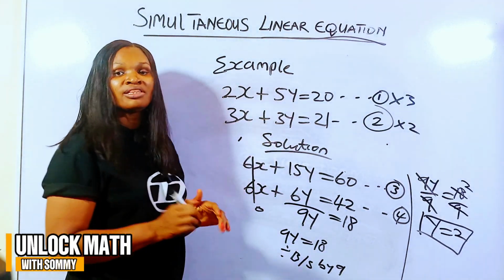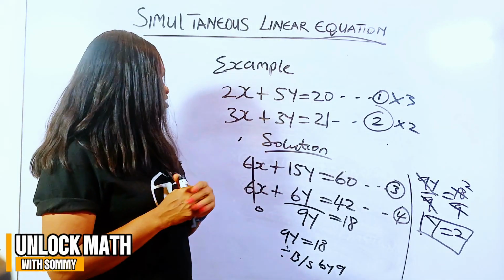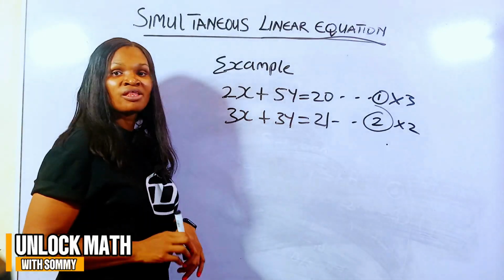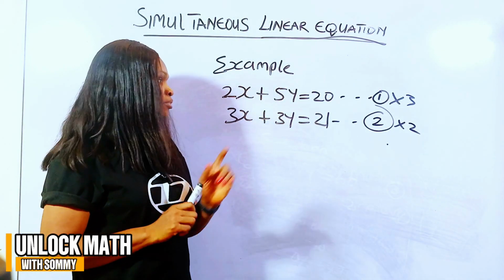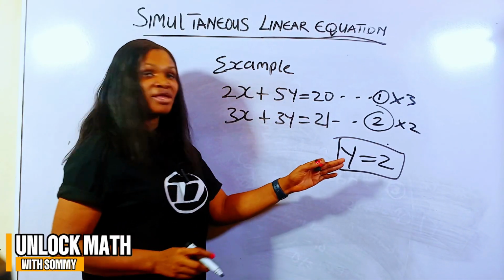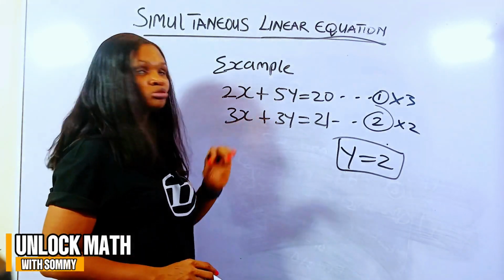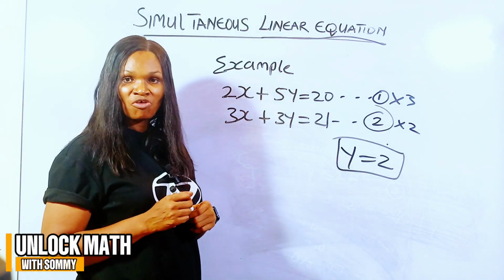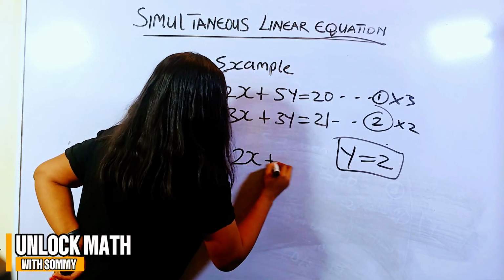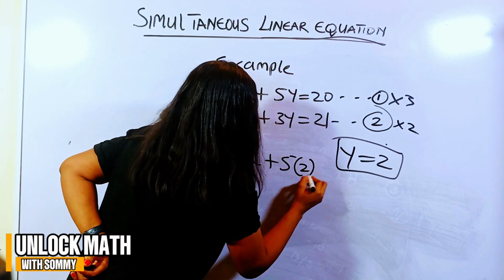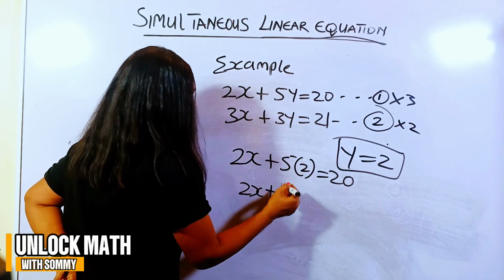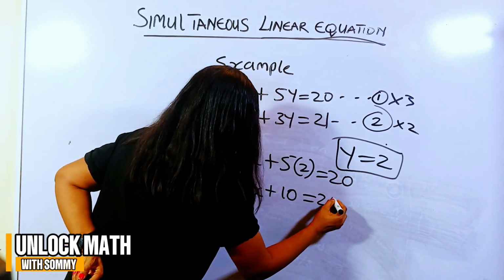So, now, let's get the value of our s. For us to get the value of our s, we input the value of y in either equation 1 or 2. The value of our y is 2. Let's use equation 1, which is 2s plus 5 multiplies 2, which gives us 10, equal to 20.